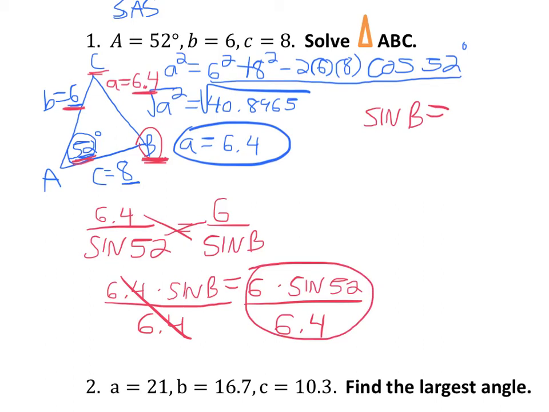So let's do 6 times the sine of 52, and then divide it by 6.4. This winds up giving us about 0.73876. Then take the inverse sine of that, so B equals the inverse sine of 0.73876.